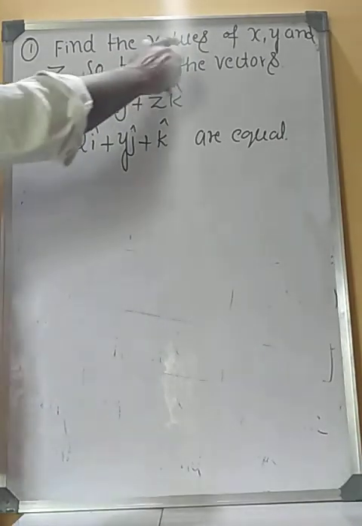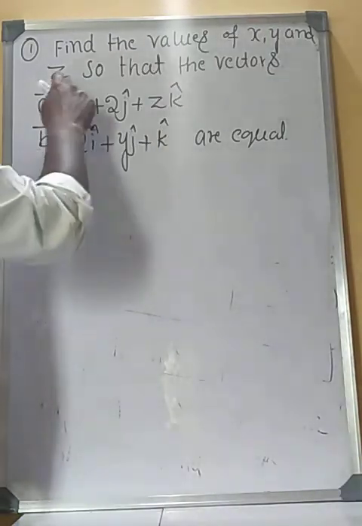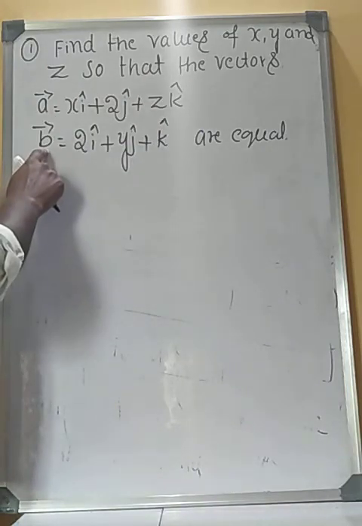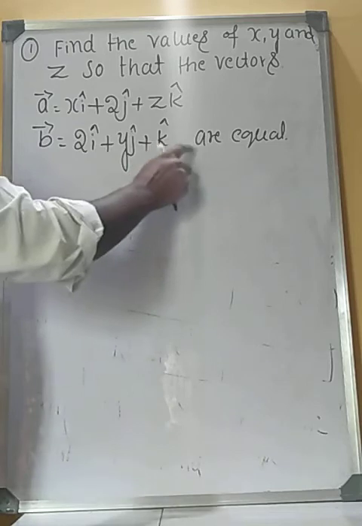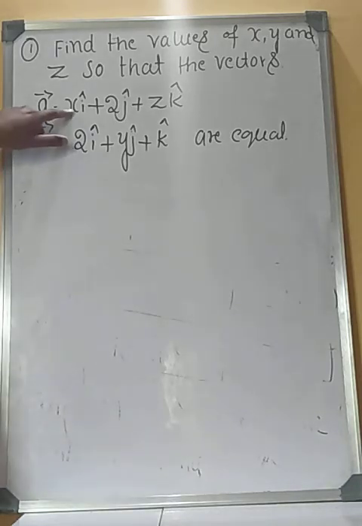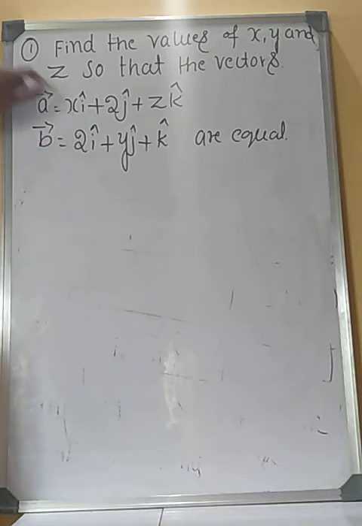Find the values of x, y and z so that the two given vectors are equal. The given two vectors are equal if and only if their corresponding components are equal.